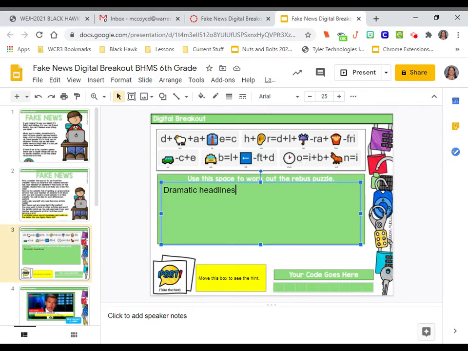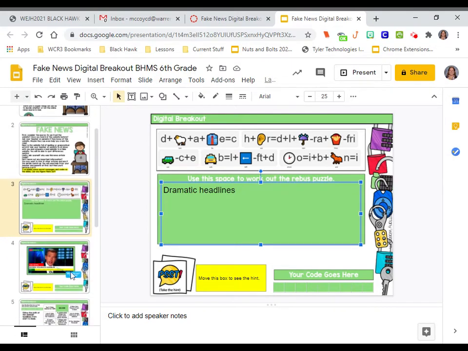Now, once you have the whole sentence, one of the words in that whole sentence is going to fit down here, and that is your code for this slide. After you get your sentence figured out, if you're still having trouble figuring out what goes down here, you can move this box and it will give you a hint.